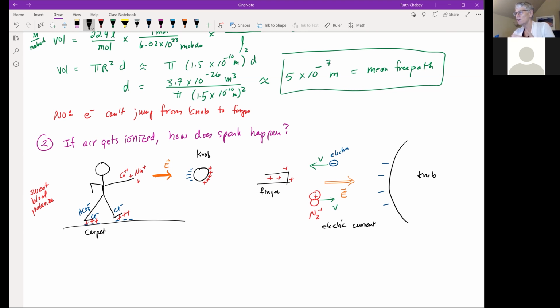And so we have a current of electrons flowing toward the finger. We have positively charged ionized N2 or O2 molecules floating toward the doorknob.